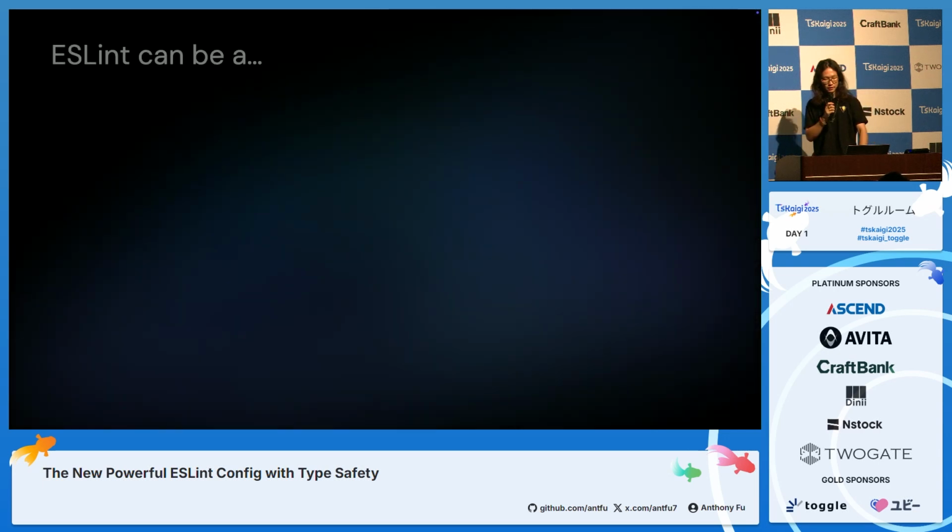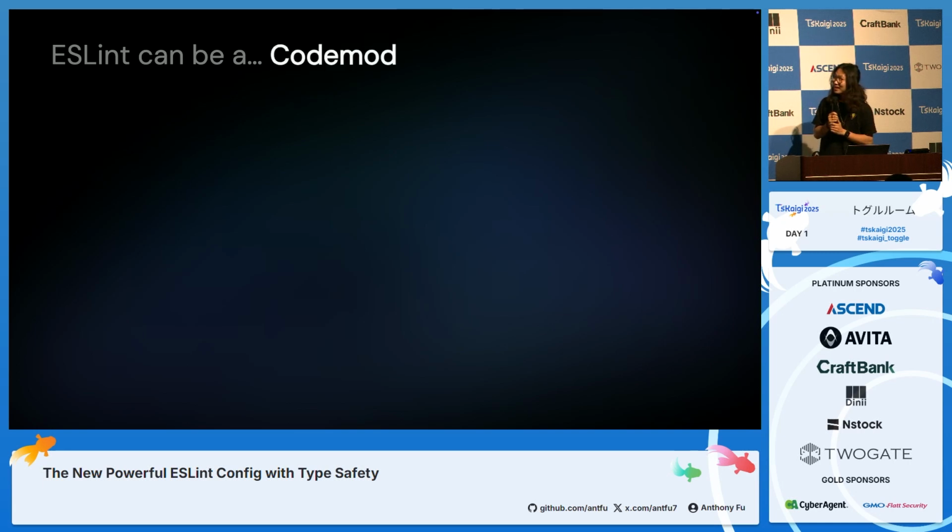And then a rule in ESLint is essentially a function that takes code and AST, and then you basically report errors with optional fix information. That means ESLint can also be a nice tool for codemods. Codemod means code modifications.